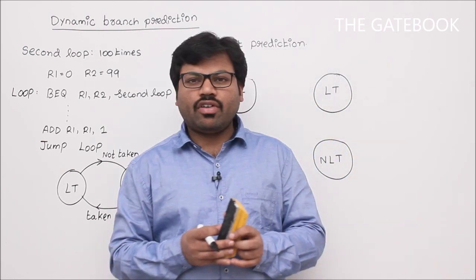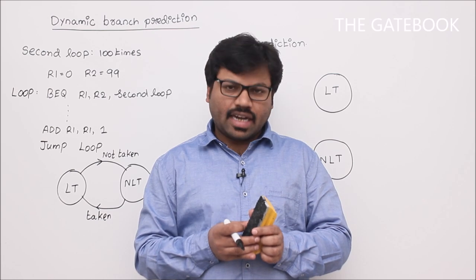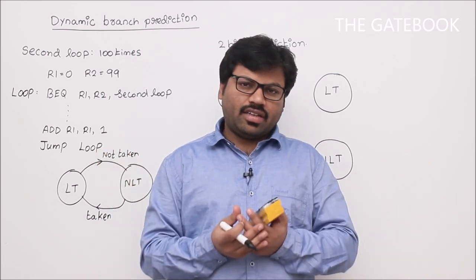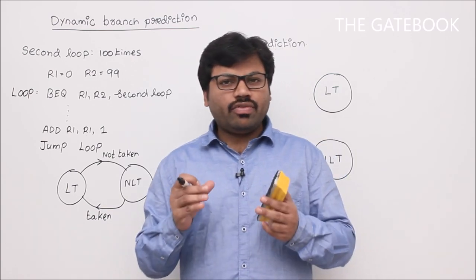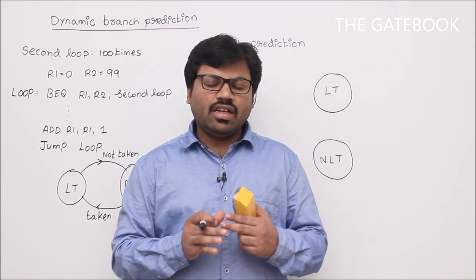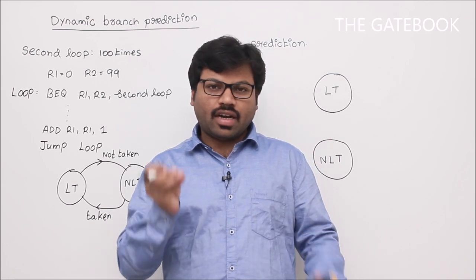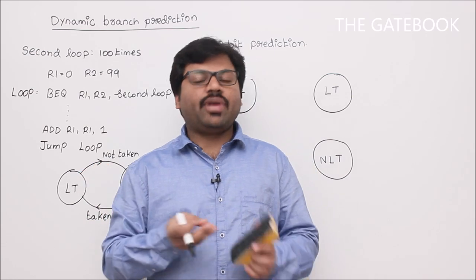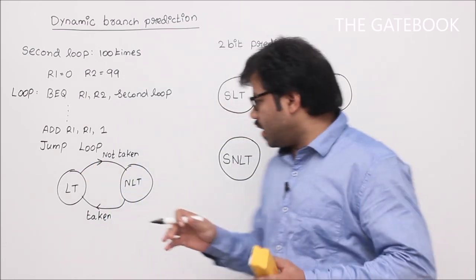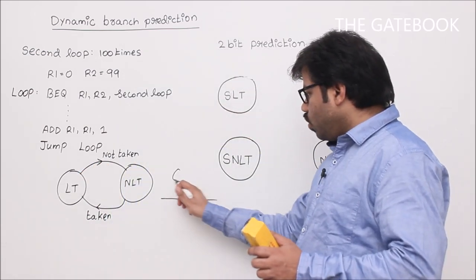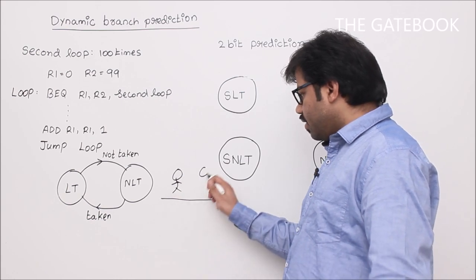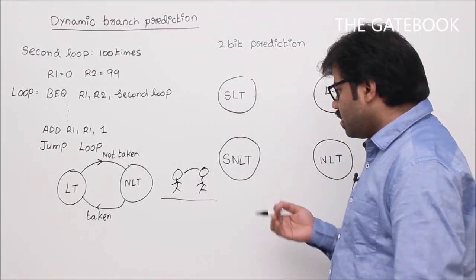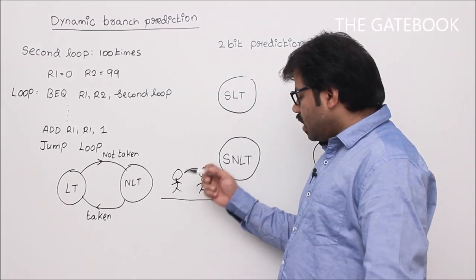So that's why I say don't predict statically. Rather, predict dynamically. I am just giving the idea: somehow you have to predict the right thing and you have to update yourself. Then we say that the prediction is dynamic. For example, let's say you are watching two people fighting, wrestling, whatever it is, and you are predicting the result.